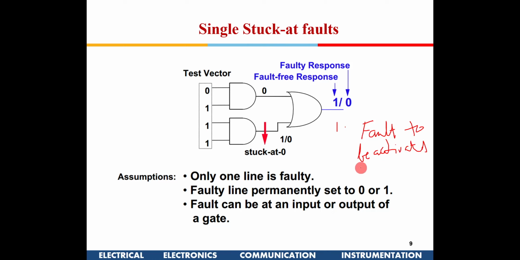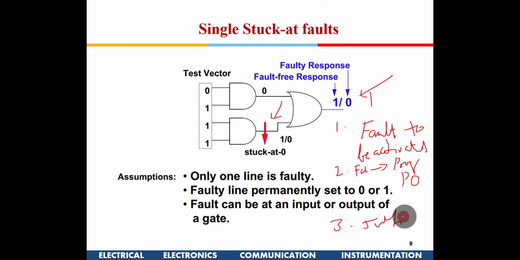That is the first step. Second, the fault needs to be propagated to the primary output. It is known as propagation to primary output, because finally, as of now we are discussing the theory, we are going to do it post fabrication, right? So I cannot observe a signal here. I can observe only the signal at the output. So this fault needs to be propagated to the output. That is the second. And the third one will be known as justification.